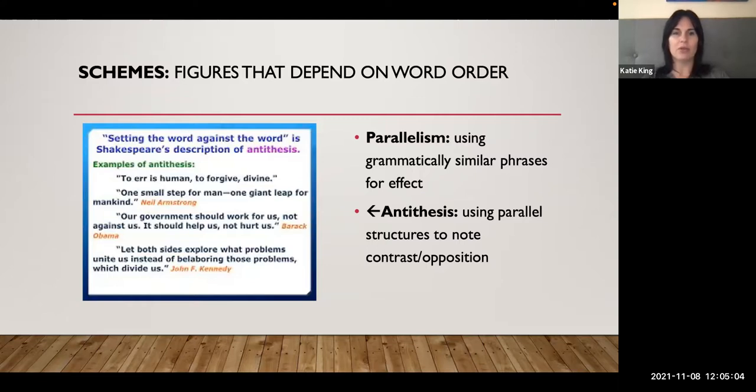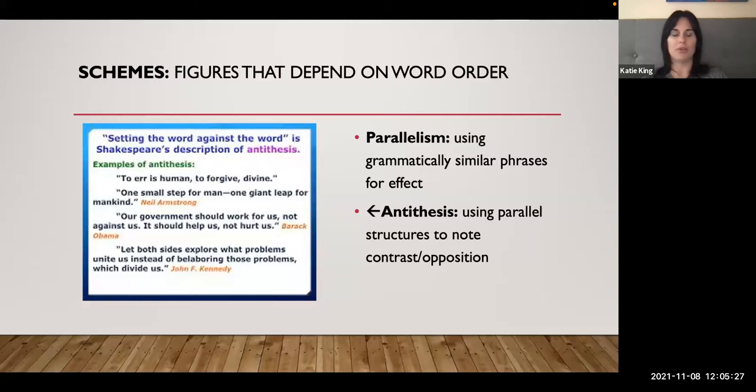Okay, so examples of antithesis. To err is human, to forgive divine. The antithesis there is that we're using antonyms, right? Well, not even necessarily antonyms, but items that stand in contrast. Erring versus forgiving, right? Stepping versus leaping for the next one.